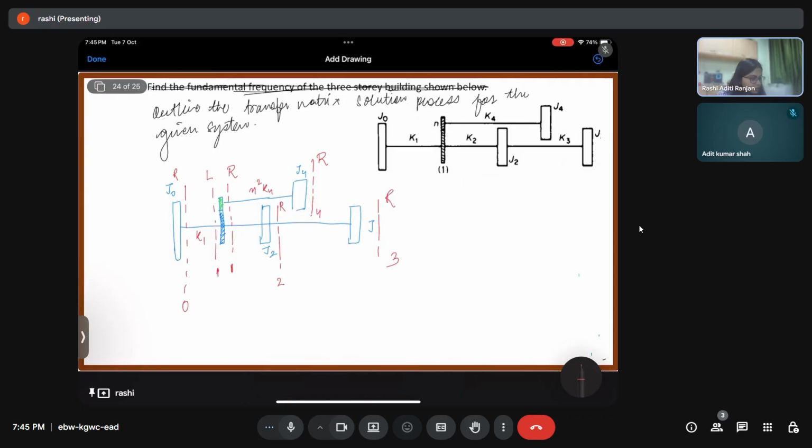For J2, we have K2. J4, we can write as N square J4. And this is going to be J3. I hope I'm not missing anything as of now. Yes, this is what we require.